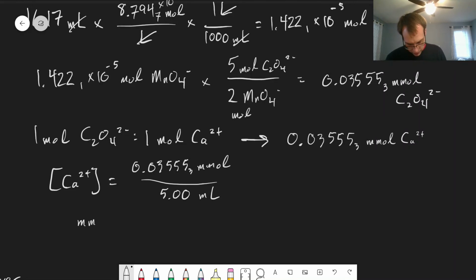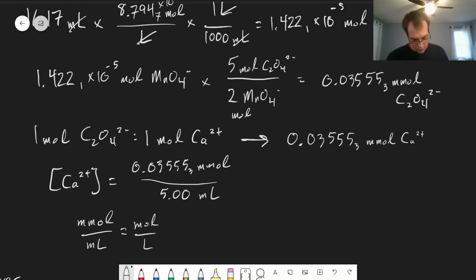One handy fact is that a millimole per milliliter is the same as a mole per liter. If we just take milli of both of them, it's still equivalent. So if we do things in millimoles and divide by milliliters, that still gives us molarity, and we don't need any further unit conversions here.